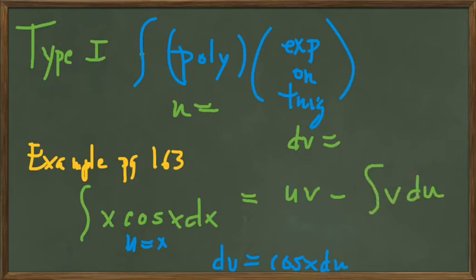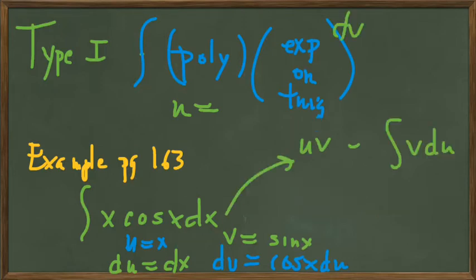So we've got u and dv, but we need to find v and du. Well, du is just the derivative of x, which is dx, and to get v from dv, we integrate dv, and that gives us sine x. So we have all of the elements that we need.